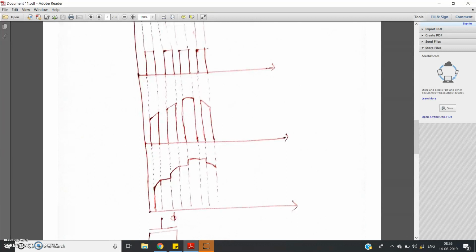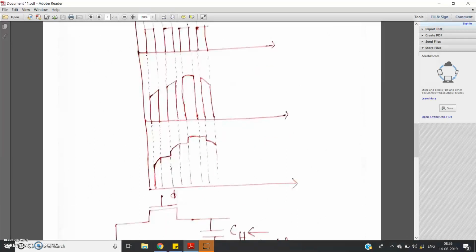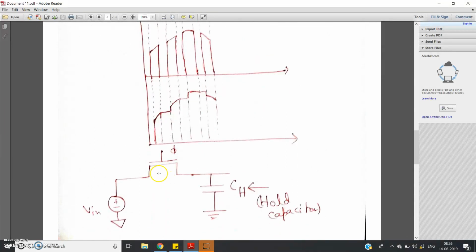Then if you want to keep the output voltage at 5 volt only throughout the region when the control voltage is equal to 0, that is, if you want to implement a sample and hold circuit simultaneously, what we have to do, along with the NMOS switch, we have to use one capacitor CH. Okay, because when you apply phi equal to 0, that is when control voltage is 0, the NMOS will be off. So what will happen, or you can say the switch is open, so no input voltage can go to the output or right hand side.